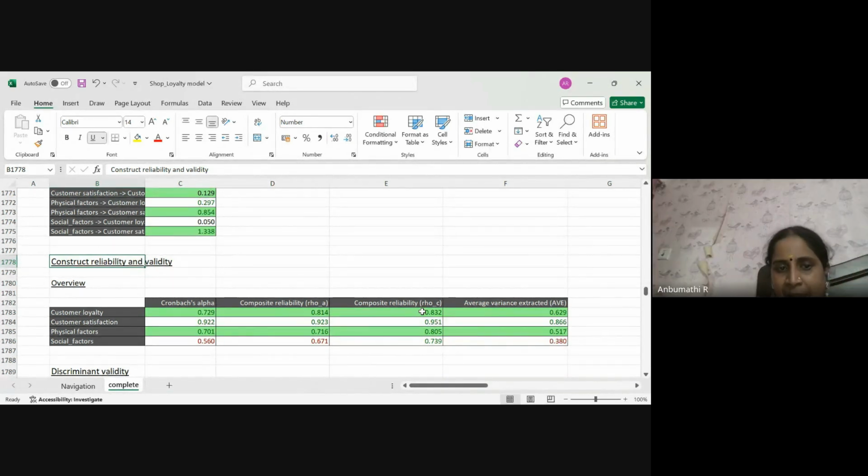Cronbach's alpha is affected by this. If you have too many items, the Cronbach's alpha will be high.